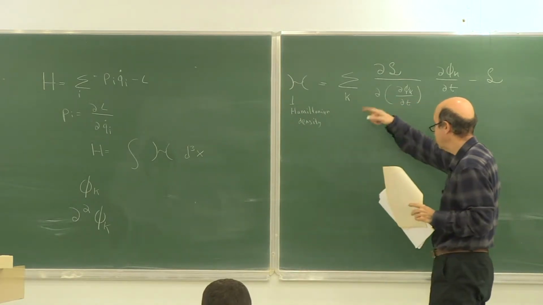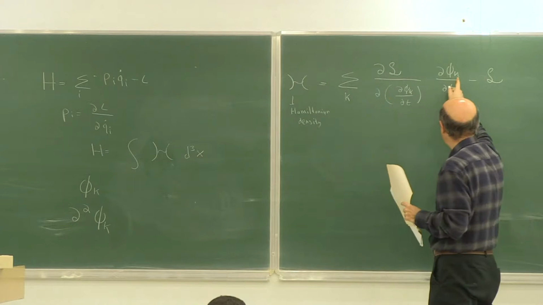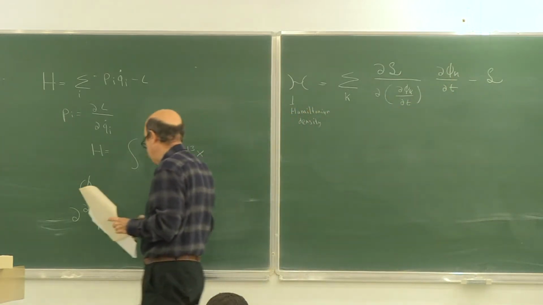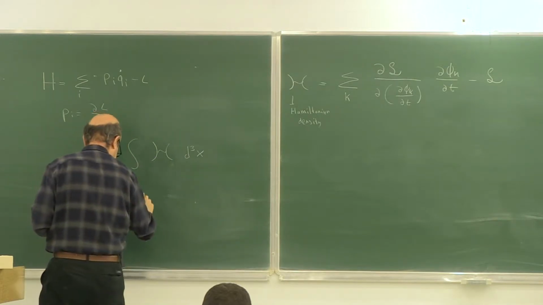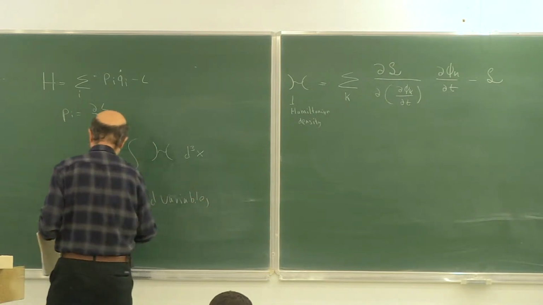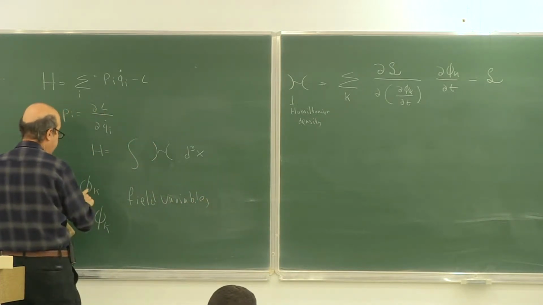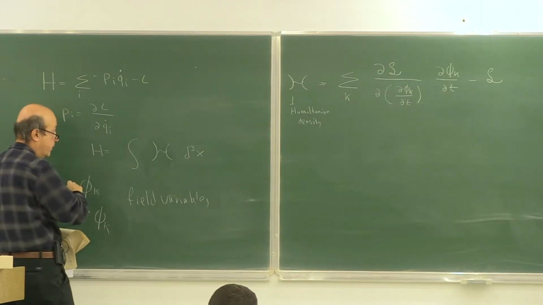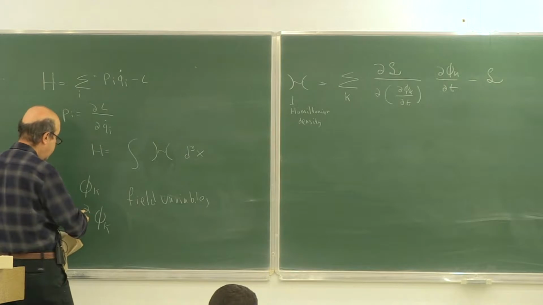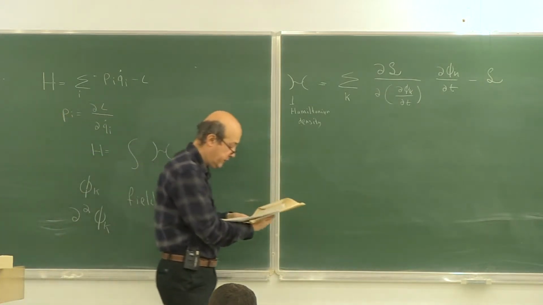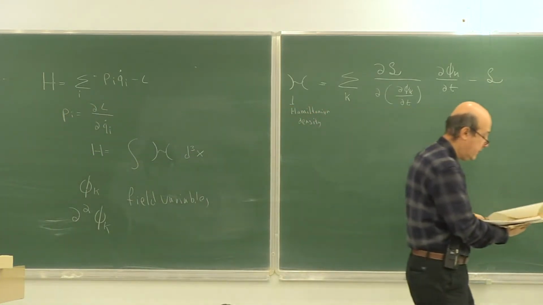And at a given location, you can have more than one field. So the field variables are the fields and the derivatives in general, but in this presentation I take only the zero component, that is del over del t. So this is a one-to-one analogy between the Hamiltonian and the Hamiltonian density.